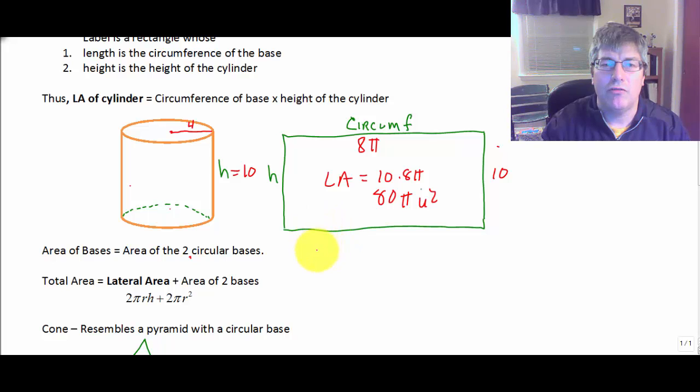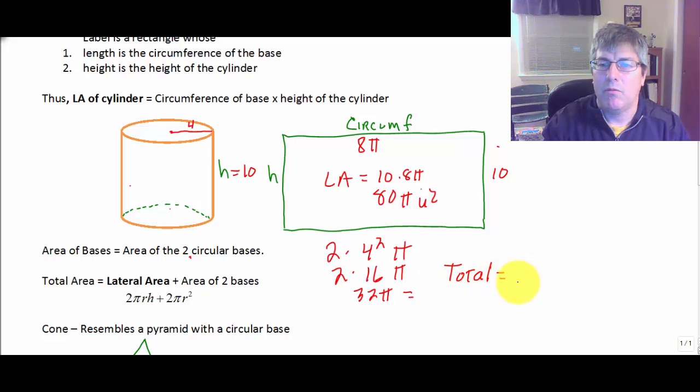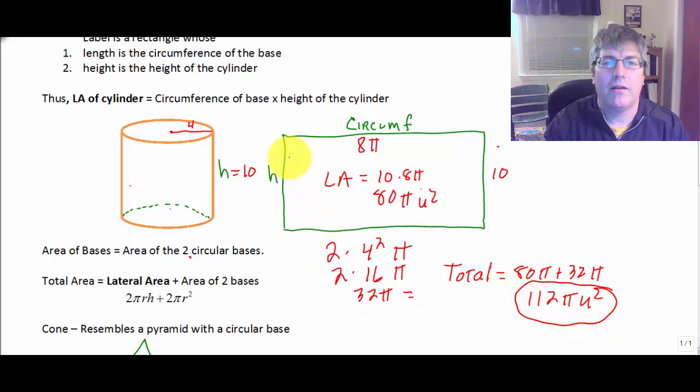And then the area of my two bases are 2 times 4 squared pi, 2 radius squared pi, two bases, 16 pi times 2, or 32 pi. That'd be the area of the bases. So my total area would equal 80 pi plus 32 pi, so 112 pi units squared for the total area of this sample cylinder.